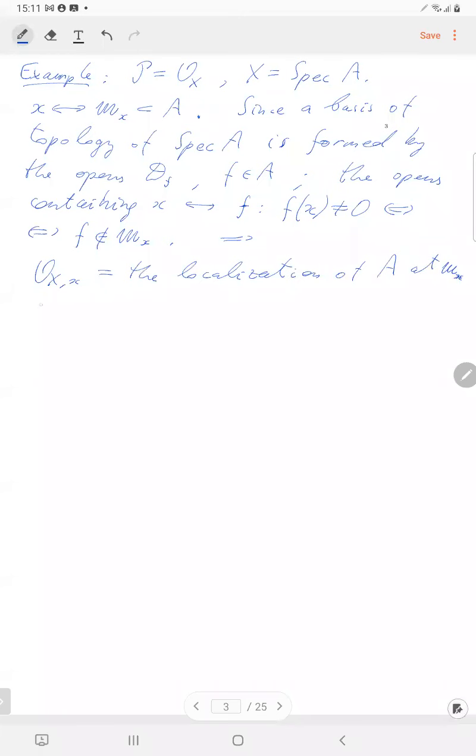It is denoted A sub x, and it is actually A with all s in capital S inverted.